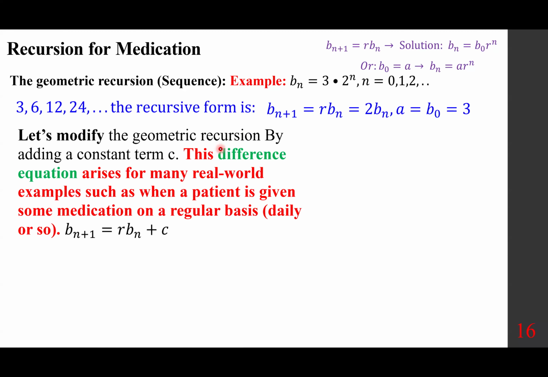Let's modify the geometric recursion by adding a constant term C. This difference equation arises for many real-world examples, such as when a patient is given some medication on a regular basis, daily or so. b sub n plus 1 becomes r b sub n plus c. So if you look at this one, we are adding a constant. This is like giving medication to patients.